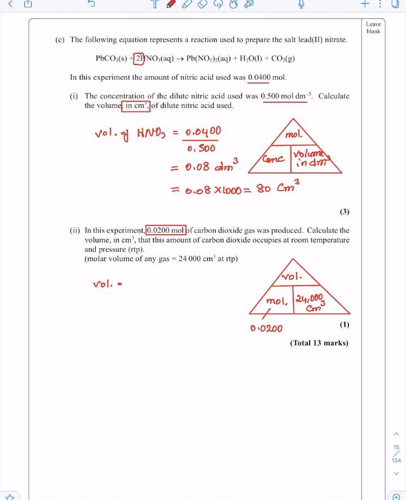The volume of carbon dioxide gas is equal to 0.0200 times 24,000, which gives 480 cubic centimeter.